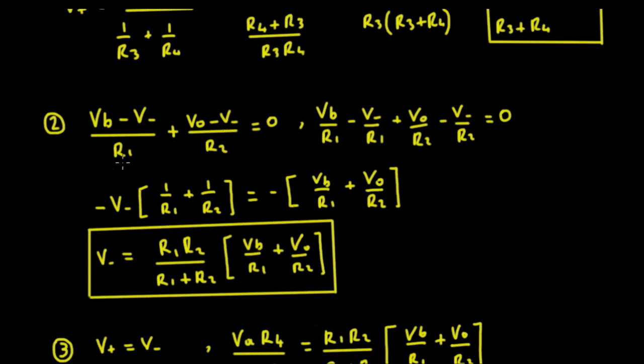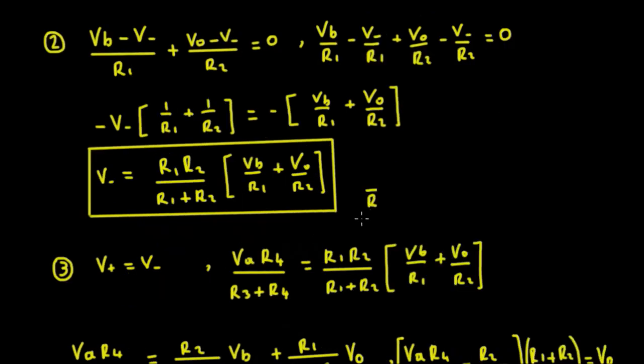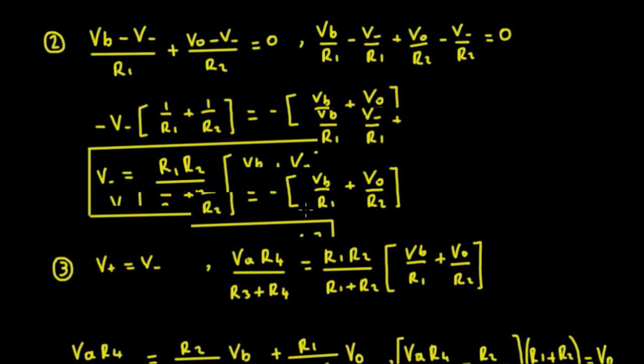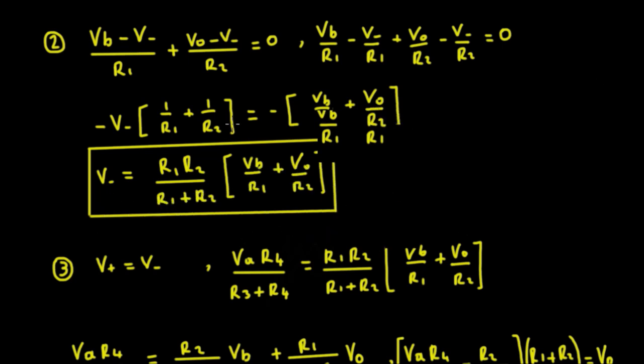Now we'll gather like terms again. V minus times 1 upon R1 plus 1 upon R2 is going to equal minus VB upon R1 plus V out upon R2. We want to find out what V minus is, so we can take this whole lot down.